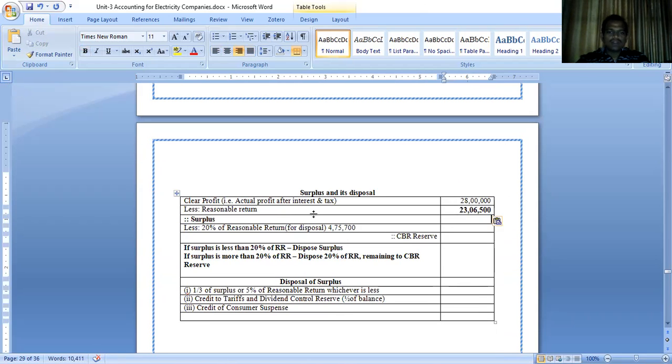So the surplus amount is 4 lakh 93,500. Then 20% of the reasonable return for the disposal, that is 4 lakh 61,300.